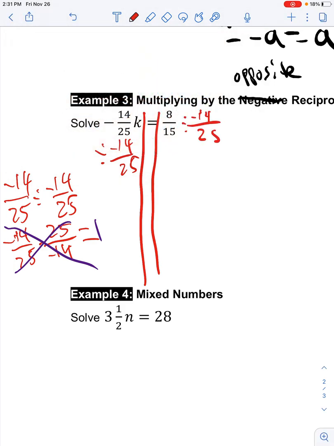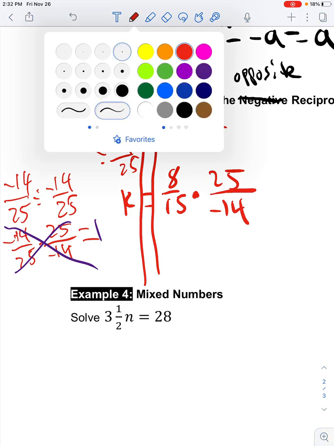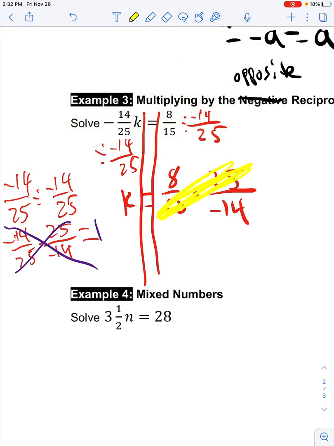So we're jumping back into this equation. I have negative 14 over 25. Keep my first term the same. Multiply and then flip my numerator and my denominator. Before I go any further, I'm going to look to see if there's anything I can simplify.